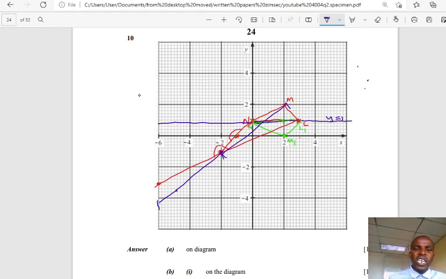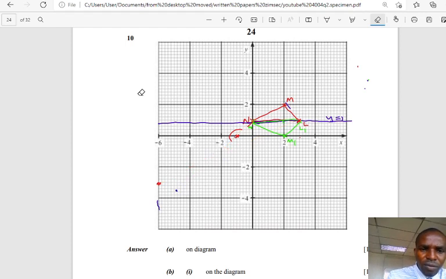Then you can draw a triangle that has been rotated about the point (-1, 0). This one is not the point. The point (-1, 0), so it's this one.